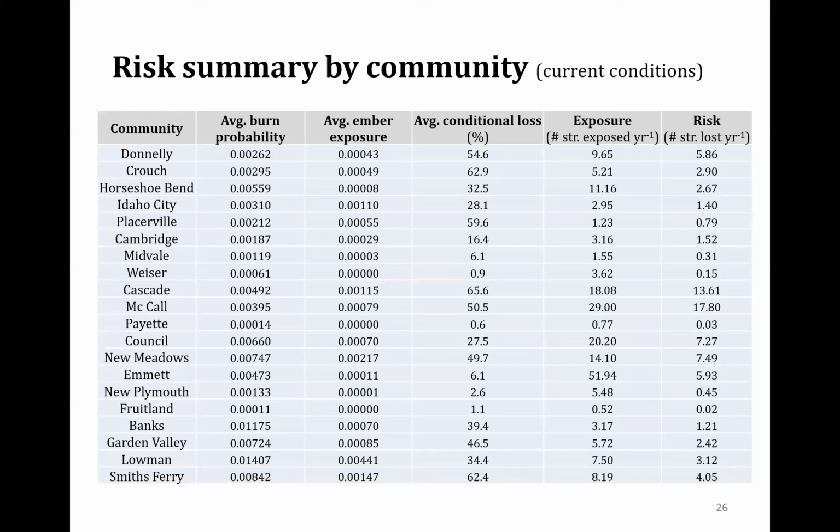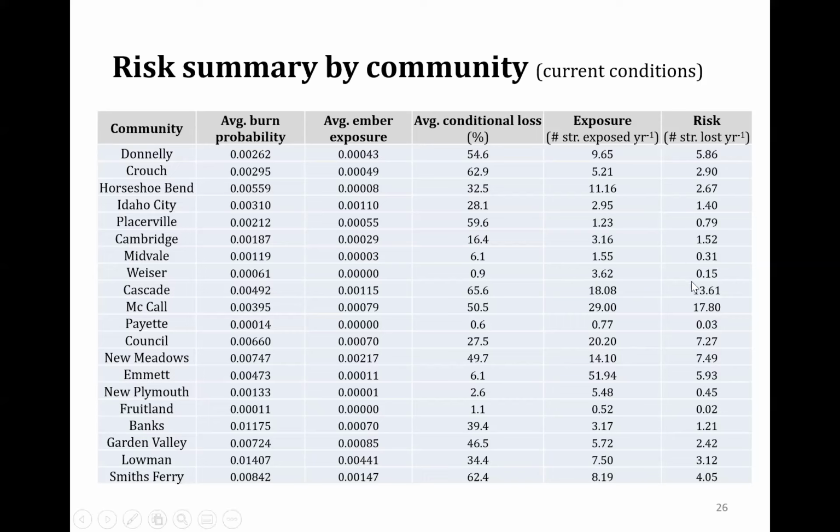And here I just want to emphasize some really interesting findings, because if we look at, for instance, McCall, which is the community with the highest exposure with 29 structures per year, when we convert exposure to risk, we have a loss of 17. But then we have another community with a high exposure like Council, but a much lower risk.